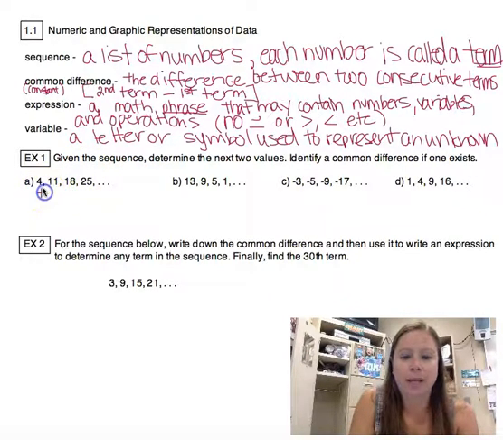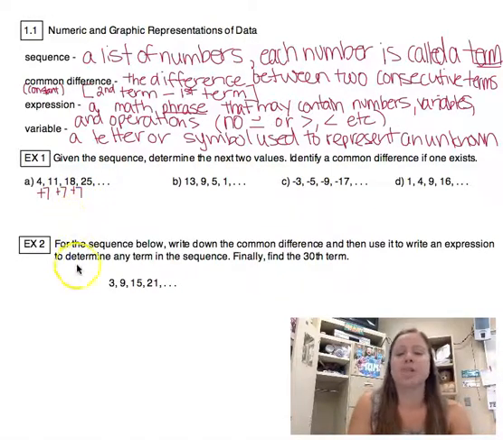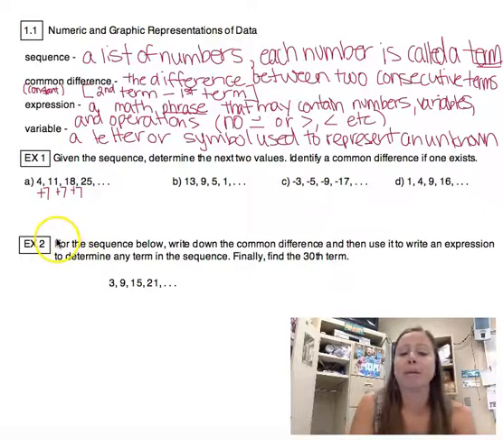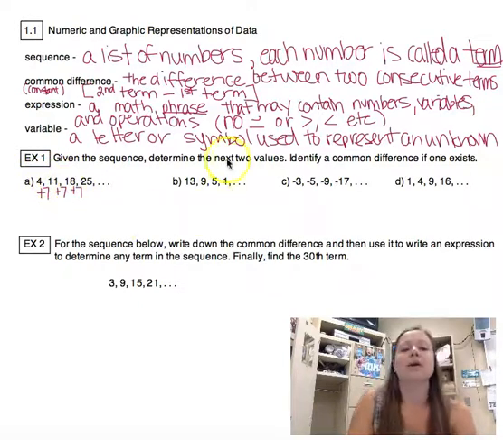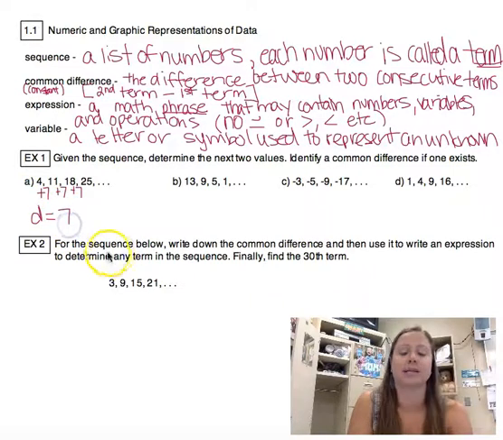So 4 plus 7 is 11, 11 plus 7 is 18, 18 plus 7 does give me 25. So the common difference, which is 11 minus 4 or 18 minus 11, because it can be any two consecutive terms, is 7. And we just use the lowercase variable d to represent common difference. So in this case, it's 7.